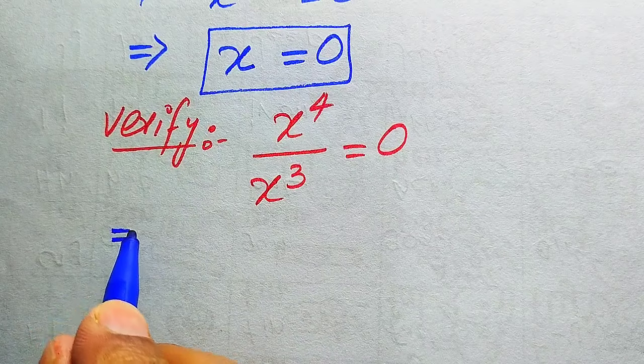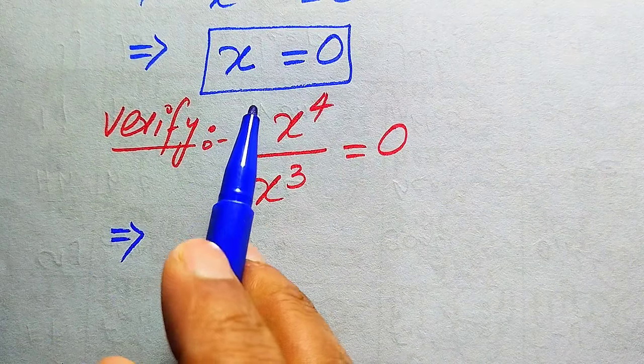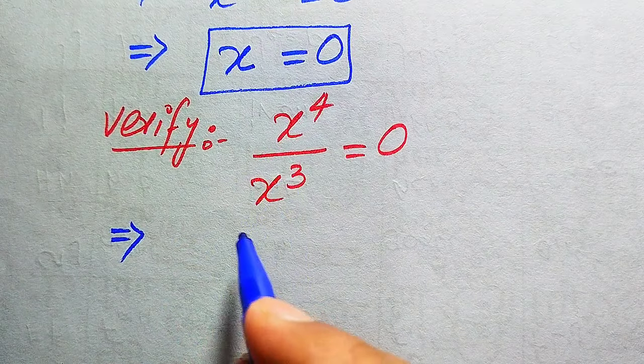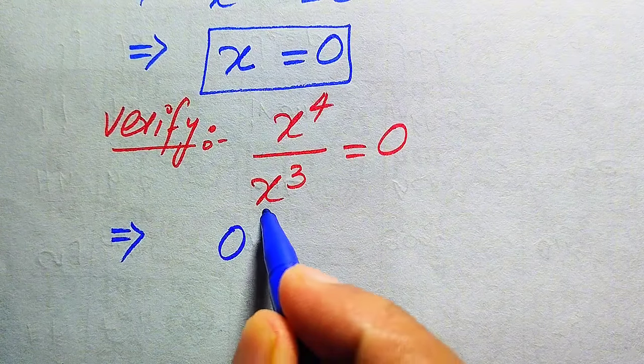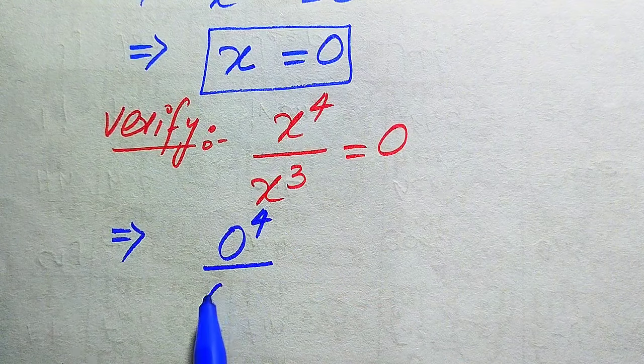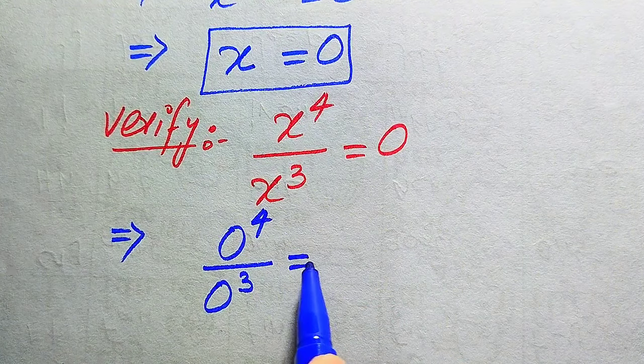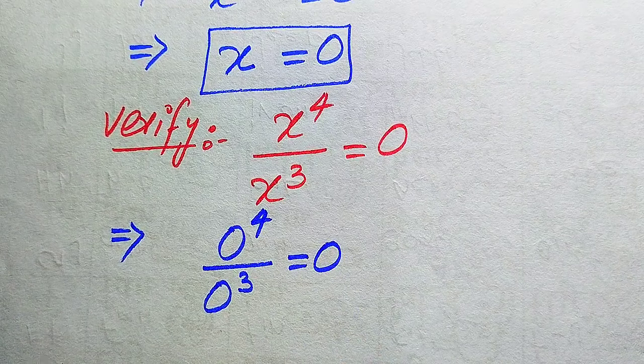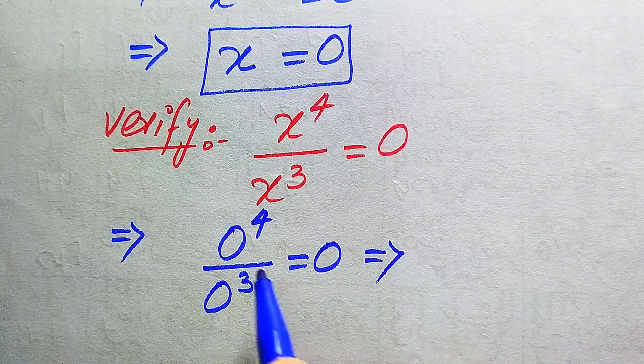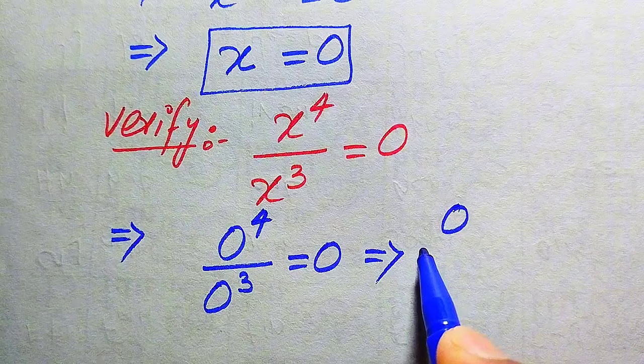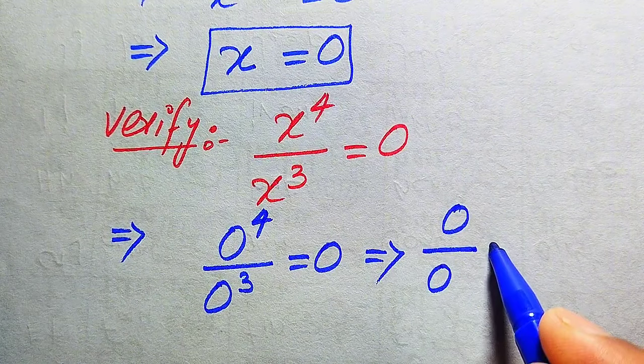Let's move forward, and now we substitute this value of x into the left hand side, and it is written as 0 to the power of 4 divided by 0 cubed equals 0. This implies that 0 to the power of 4 becomes 0, and 0 cubed also becomes 0.